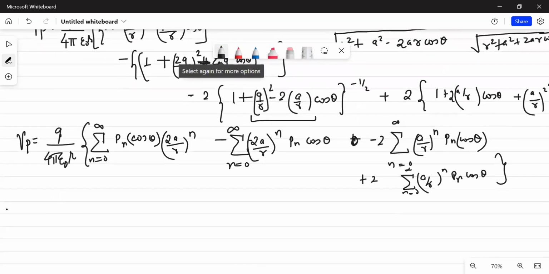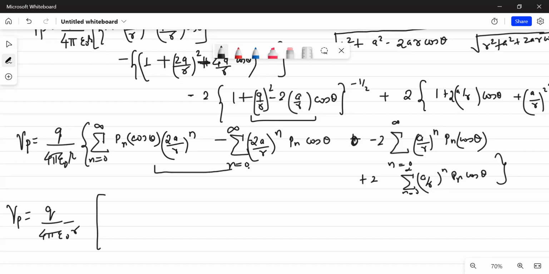And all I need to do now is to see how. So I know that if I see this thing, you can clearly see that in any case this term would survive. The term that I have written right now would survive if n is odd. Because if n is even, this term minus 2a upon r will become some even powers, and there's a negative sign here.